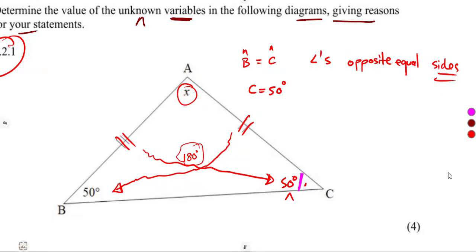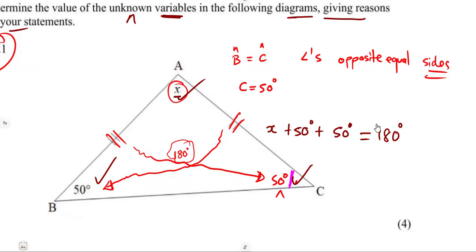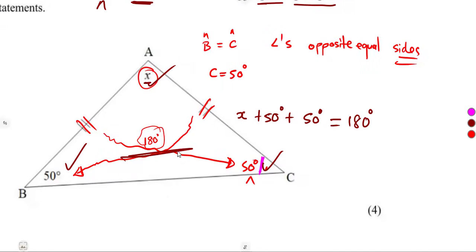So if angle C is 50 degrees, therefore angle X can be calculated, because if I add angle X to the 50 degrees at B and the 50 degrees at C, I'm supposed to obtain what? 180 degrees. From which concept? These are angles inside a triangle, sum of angles in a triangle.